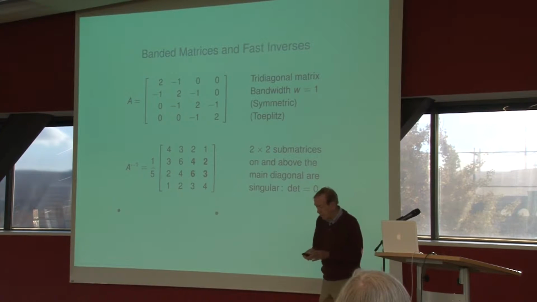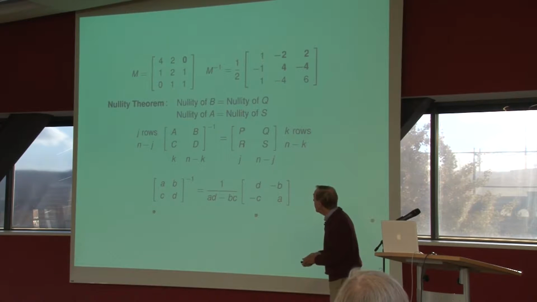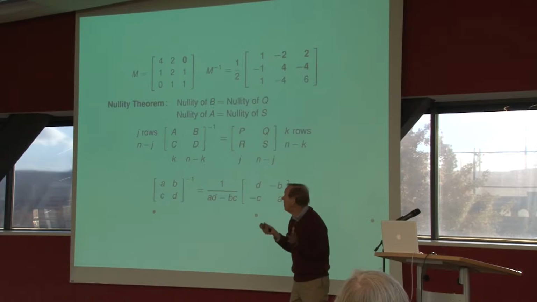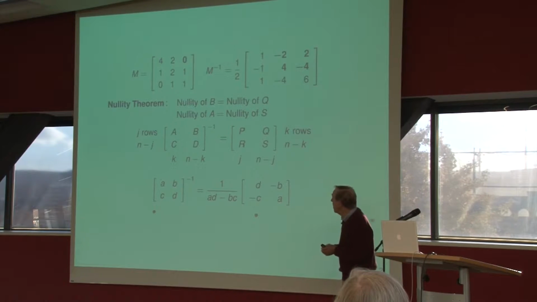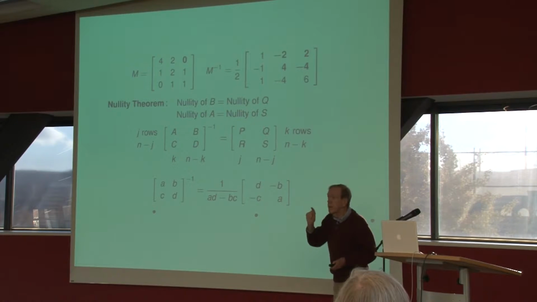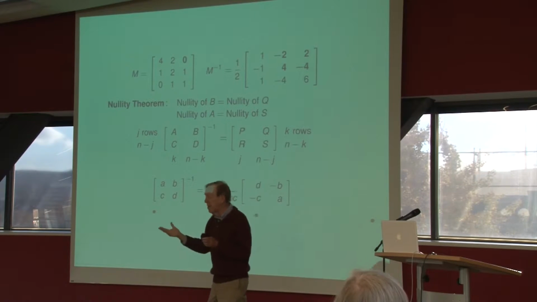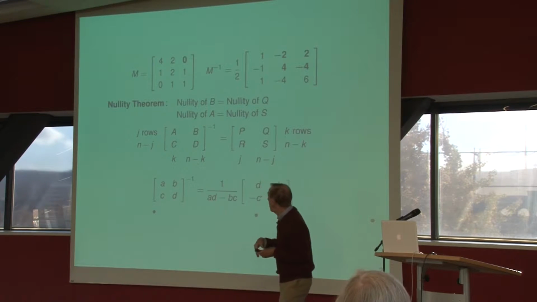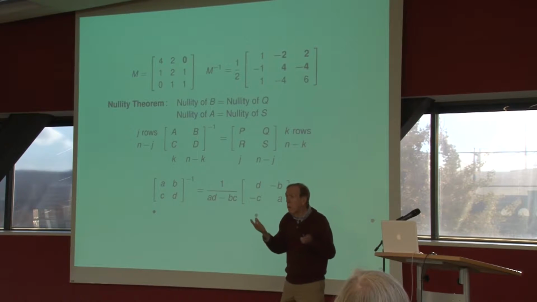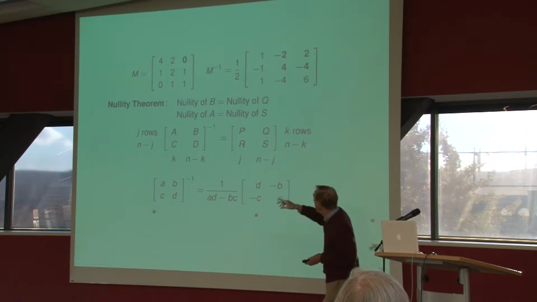Well, the neatest proof, so this would be the only proof in the lecture, uses another fact that is not very well known, but it's quite beautiful. So the word nullity means the dimension of the null space, the number of independent solutions to Au equals 0, if A is the matrix.